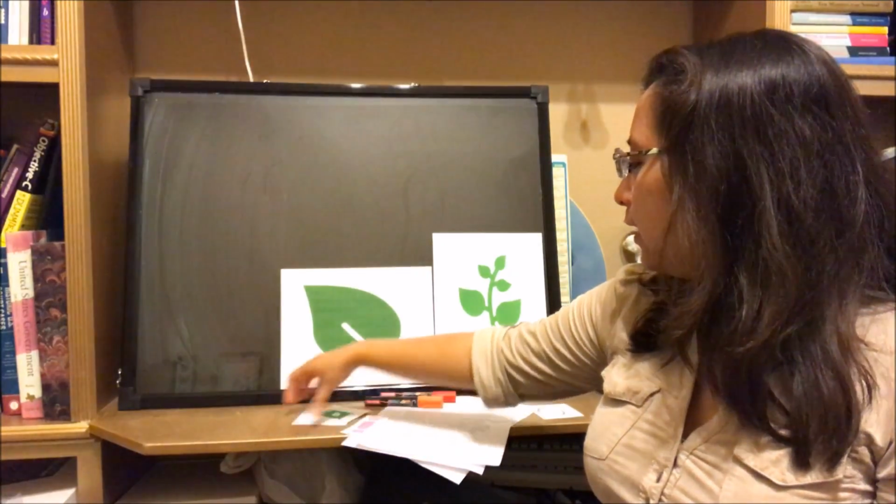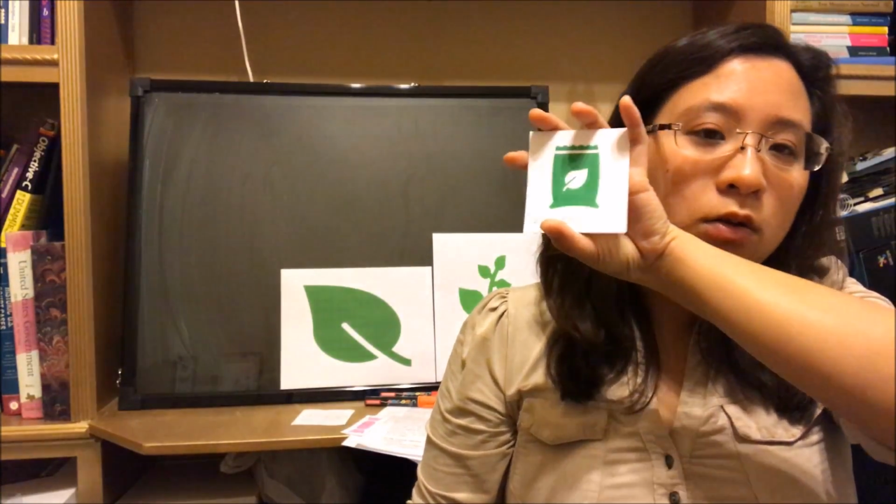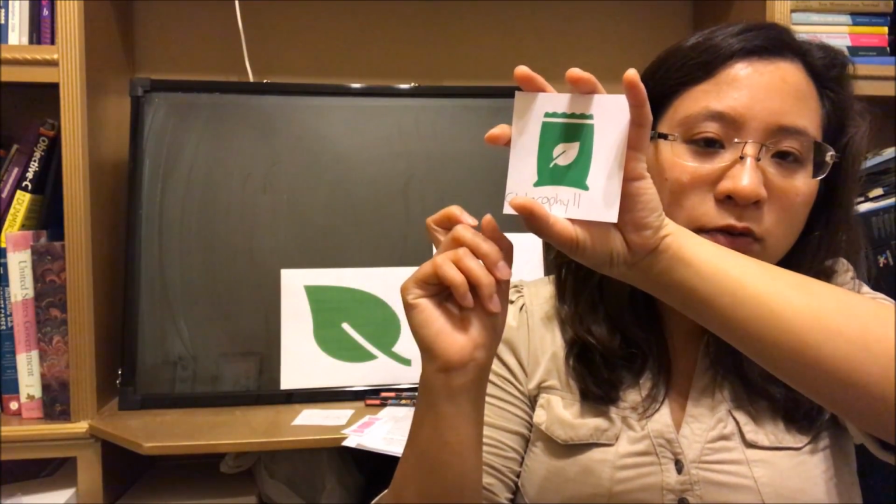So, like I said, when I introduced this process, I talked about chlorophyll. Chlorophyll is very important because chlorophyll is the tiny little green sacs inside of the leaf that capture the sunlight, and is also the reason why the leaf is green.